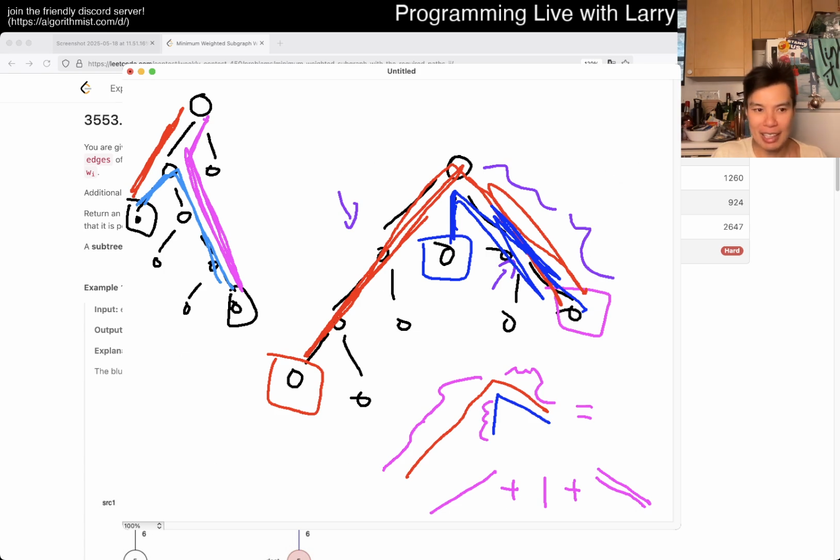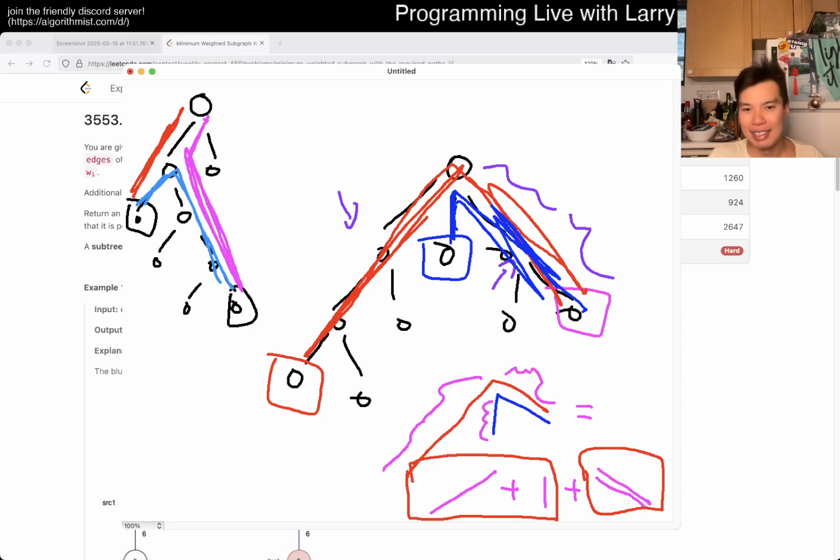So to calculate this overlap, we just do regular math. I'm not going to draw it again because I'm running out of space, but we subtract this part from both sides, and that's it.